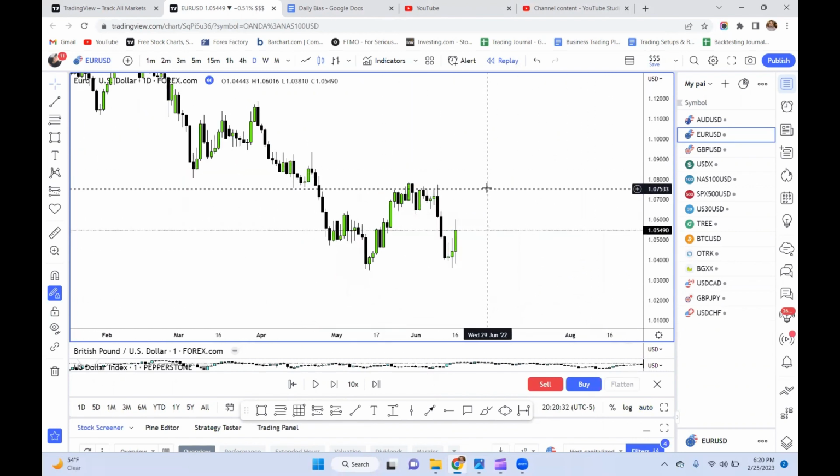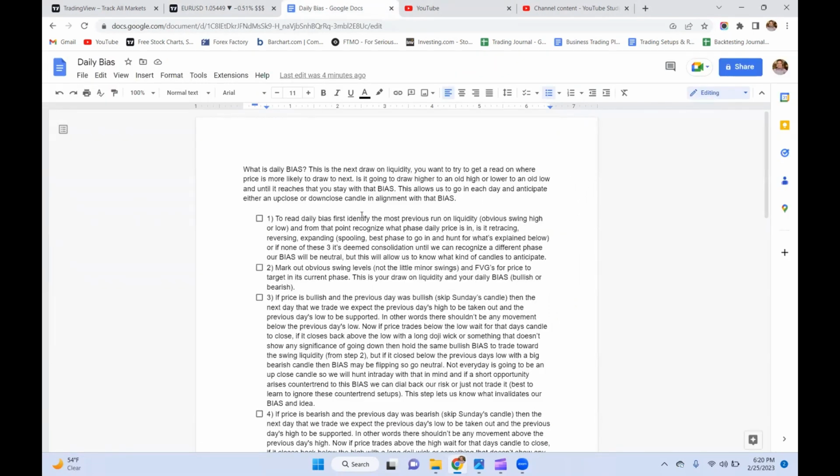Okay, but if we take our rules, we go ahead and apply them. Let's go ahead and do that. So step one, read daily bias. First, identify the most previous run on liquidity. This is an obvious swing high or low. And from that point, recognize what phase daily price is in. Is it retracing, reversing, expanding, which ICT says is spooling, which is actually the best phase to go in and hunt for what's explained below here.